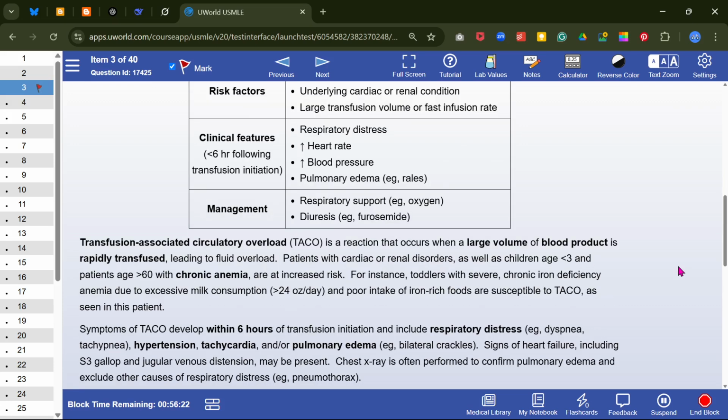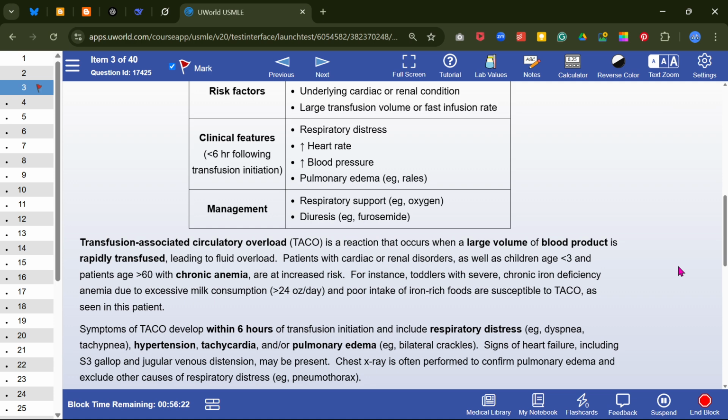Symptoms of TACO develop within 6 hours of transfusion initiation and include respiratory distress, dyspnea, tachypnea, tachycardia, and pulmonary edema. Signs of heart failure, including S3 gallop and jugular venous distension, may be present.